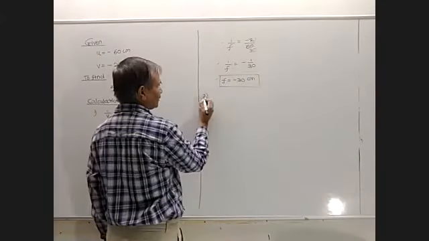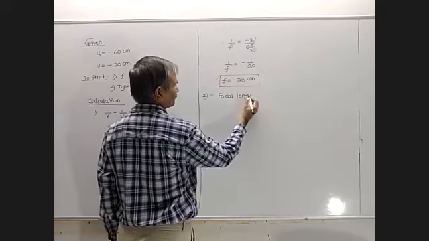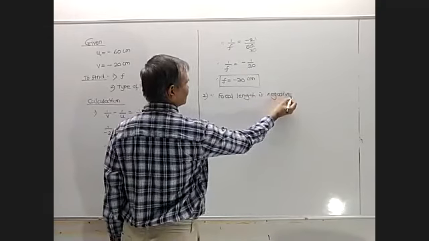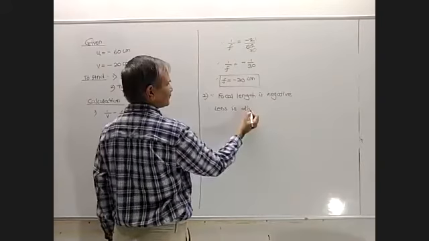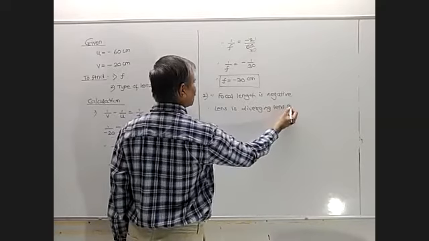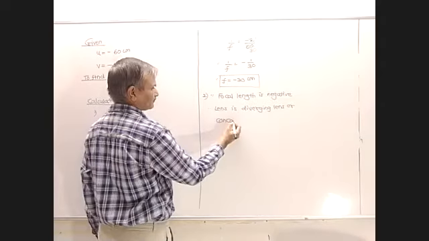Answer to the second: since the focal length is negative, therefore the lens is a diverging lens or concave lens.